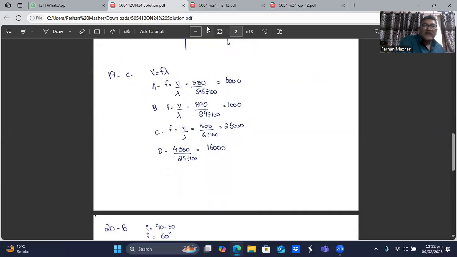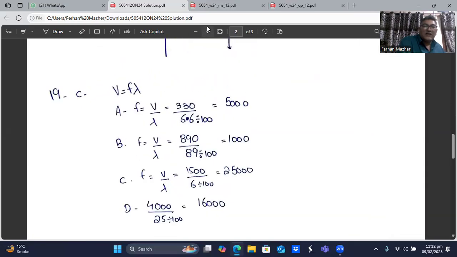So in each case, I'm going to find the frequency. V divided by lambda: 330 divided by 6.6 divided by 100, and that is 5,000 hertz. So this is not ultrasound. B part: F equals V divided by lambda. So 890 divided by 89 divided by 100, and that is 1,000 hertz. This is also not ultrasound.